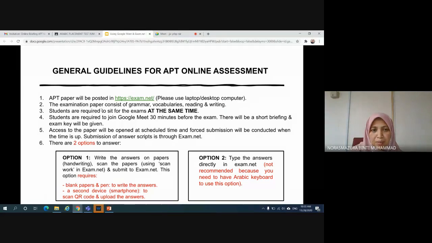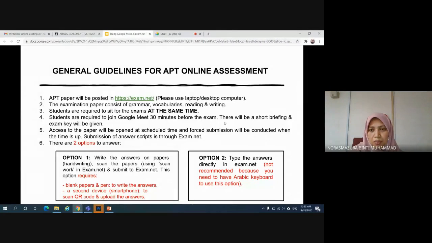The examination paper consists of grammar, vocabulary, reading and writing. Students are required to sit for the exam at the same time, only one paper. Okay, students are required to join Google Meet 30 minutes before the exam starts. Okay, I will post the link for Google Meet 30 minutes before the exam starts.